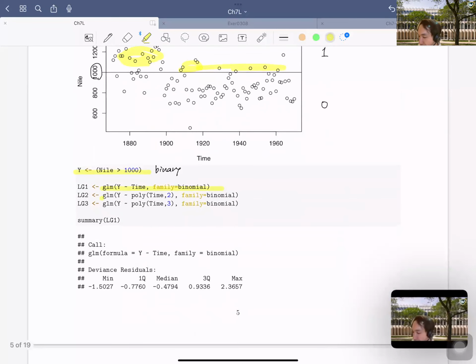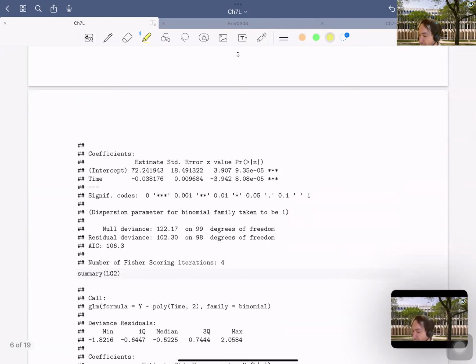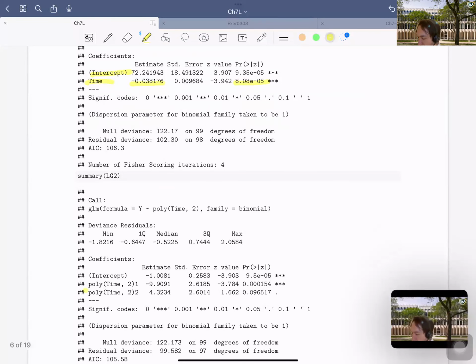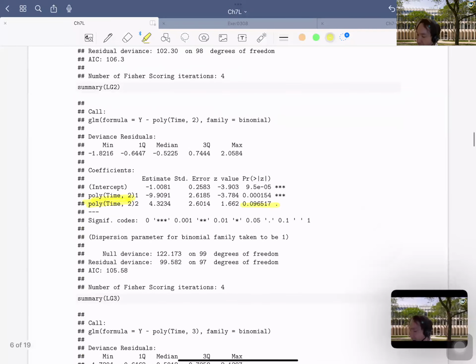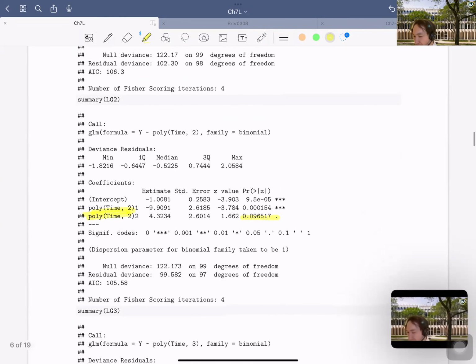And we fit the first, second, and third degree polynomial and see what happens. The time has a negative coefficient, and this is statistically significant for the logistic regression with a linear term. And if we have two terms, actually it's marginally better, with p-value 0.096 for the quadratic term. So the quadratic term marginally gets the prediction better.